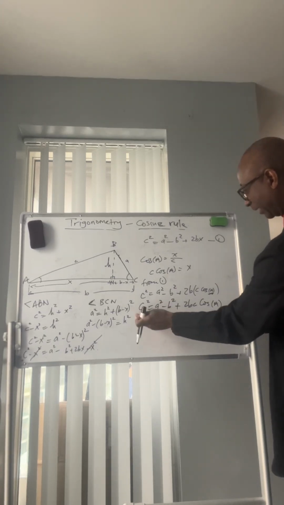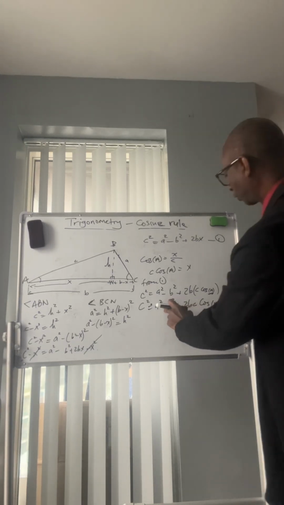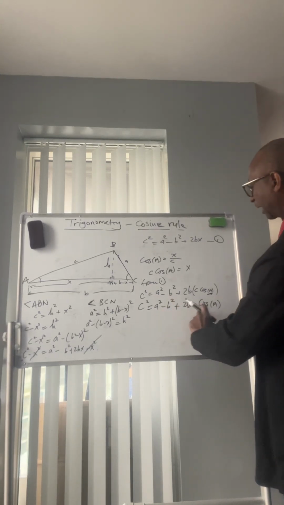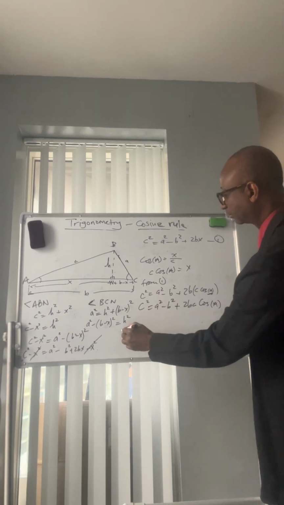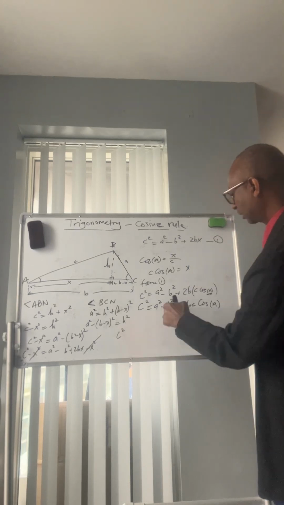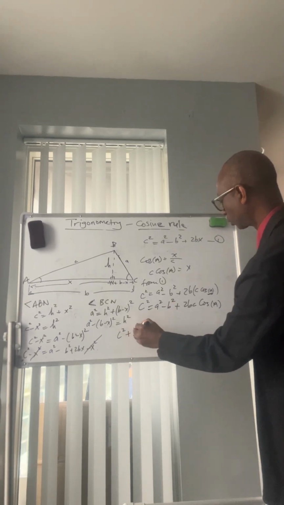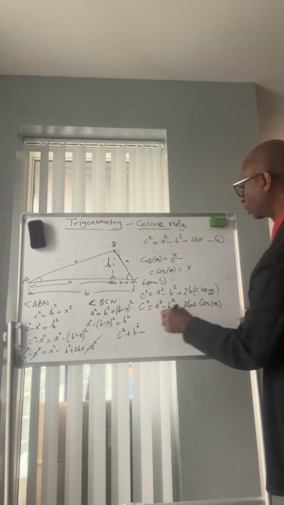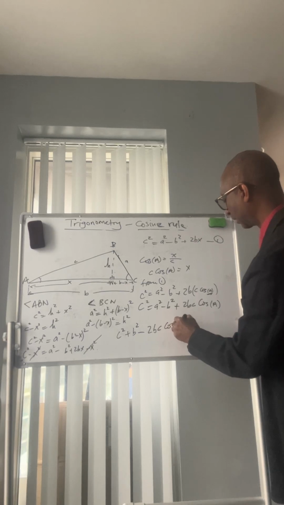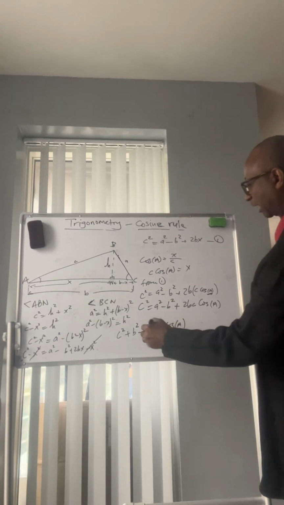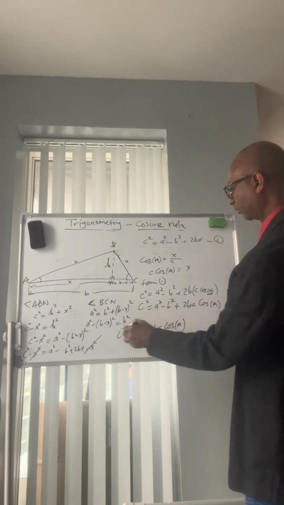So for that to happen, we need to bring everything onto the left hand side. So we have c squared, now plus b squared, and now minus 2bc cosine of A.